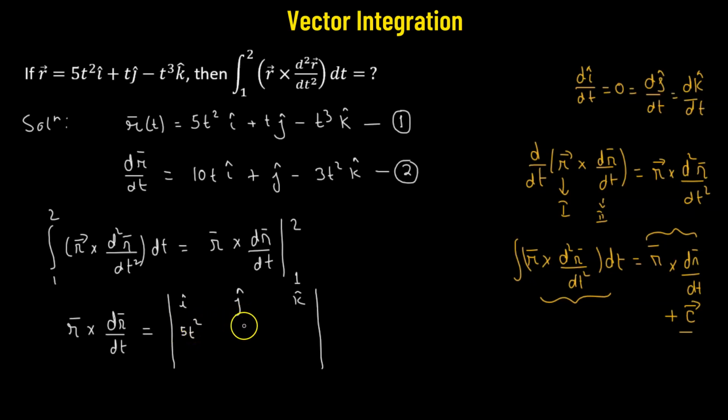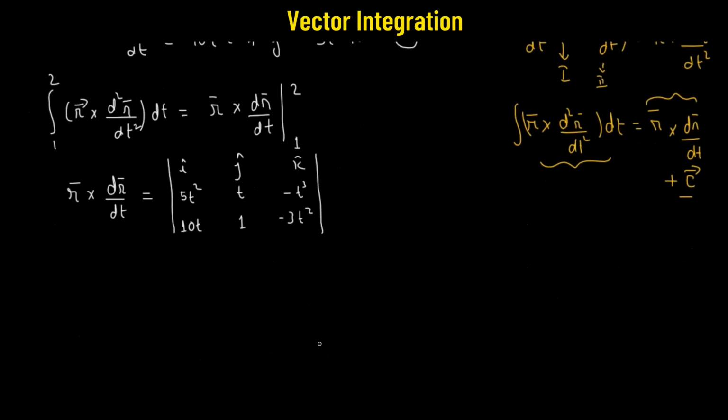The component of j cap, that's t, and the component of k cap is negative t cubed. Then in the third row, we'll have components of dr over dt. For that, we'll use equation number 2. So we have the entries as 10t, 1 and negative 3t squared. So let's compute this 3 by 3 determinant.